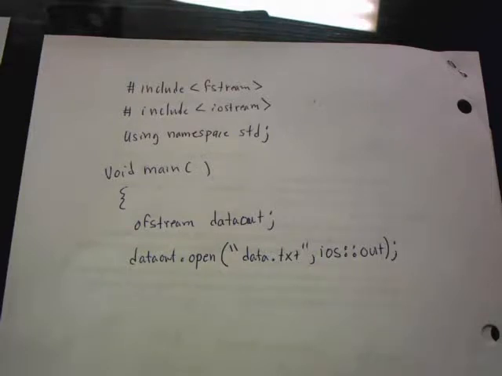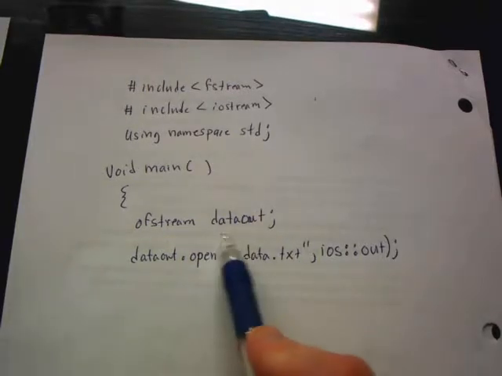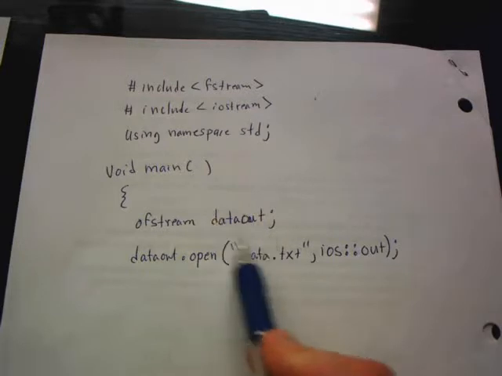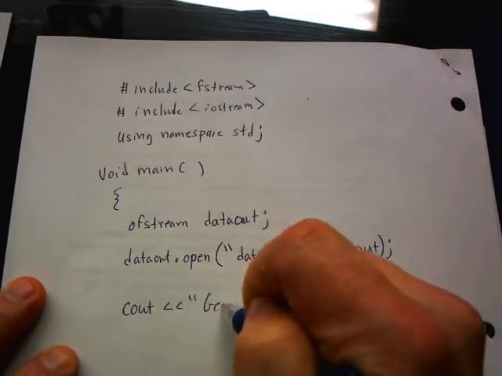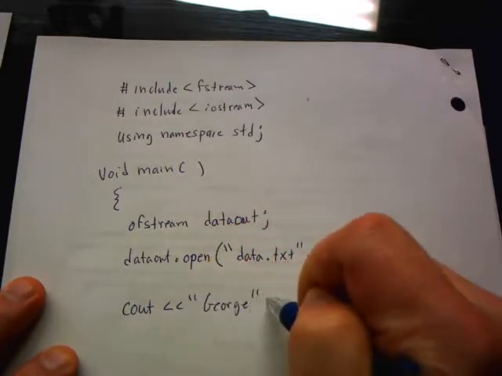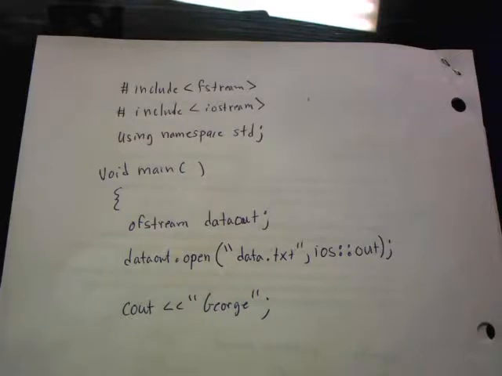All right. Now, what this data_out thing does is it now works exactly like cout. So I could go cout George. And we know what that's going to do. What's that going to do? It's going to print George. It's going to print it where? On the screen.